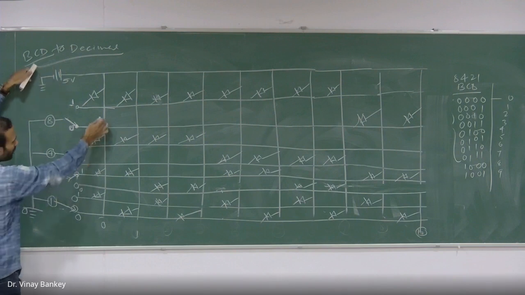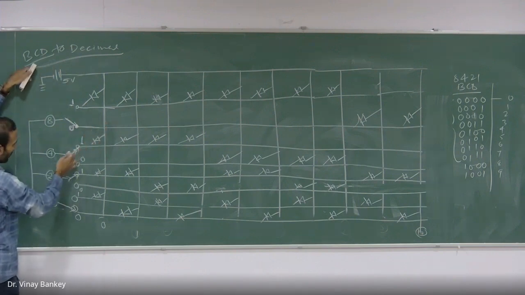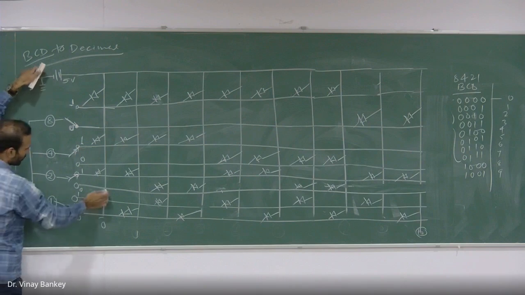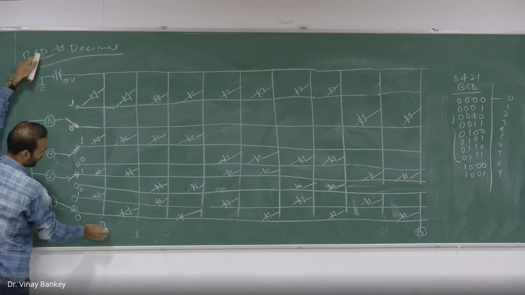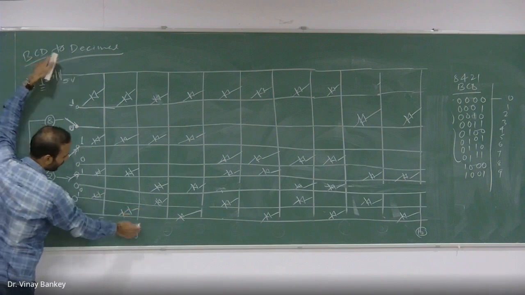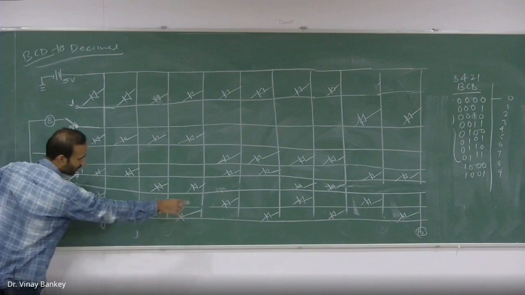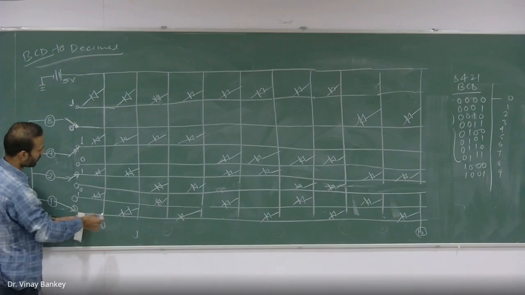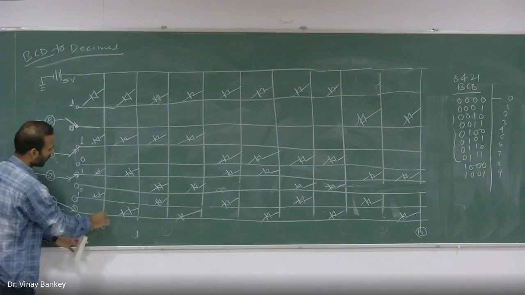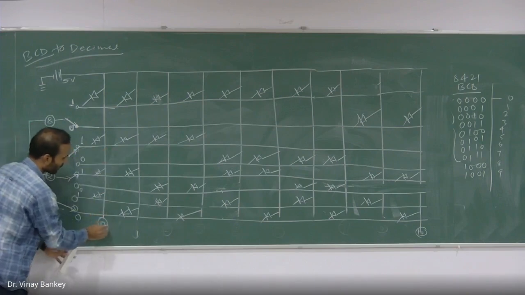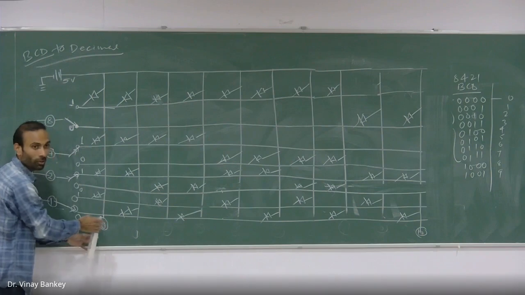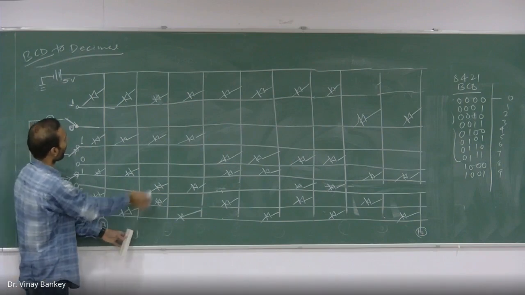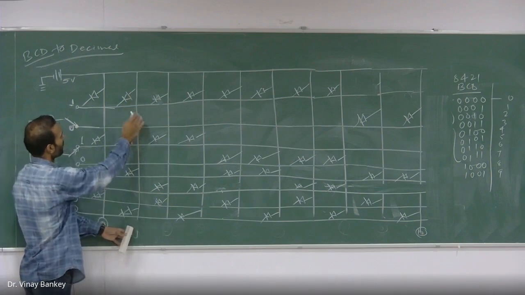Correct? So the whole voltage will drop across this. There are LEDs connected to each line, 0, 1, 2, 3, 4, 5 and 6. Okay. So here you don't have a 5 voltage. It means this LED will not glow. Again, we will move on and we'll see, will this work?